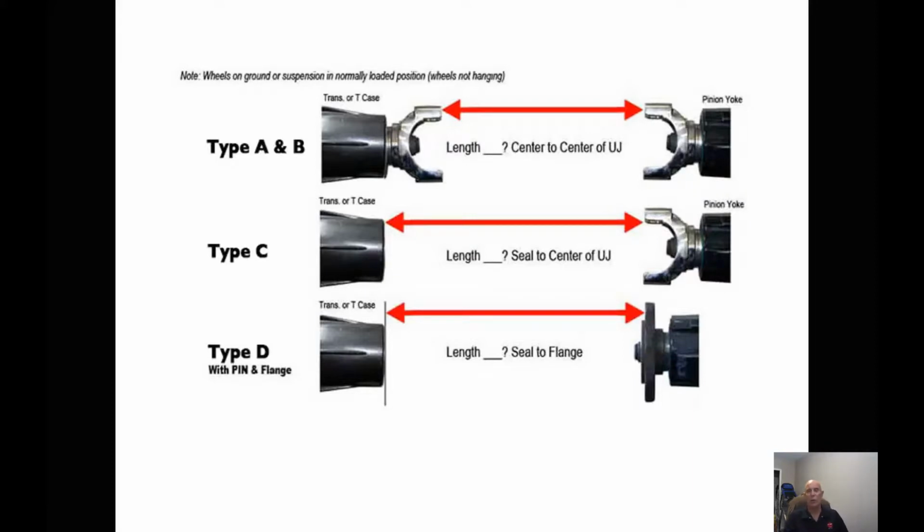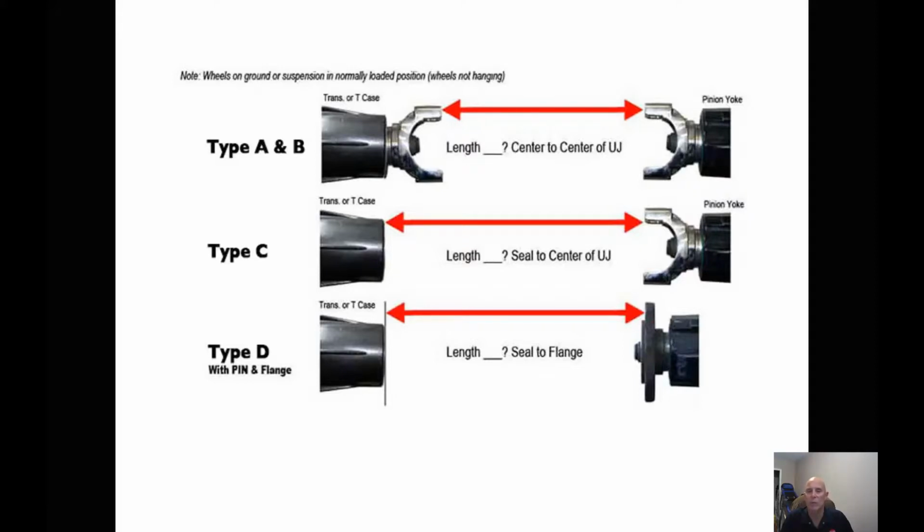So what we want to do is, number one, the vehicle has to be at the proper ride height. So if it's an air ride suspension, you've got to make sure the airbags are full. And then what we're going to do is there's type A and B, type C, and type D. So type A has either half round or full round yokes.